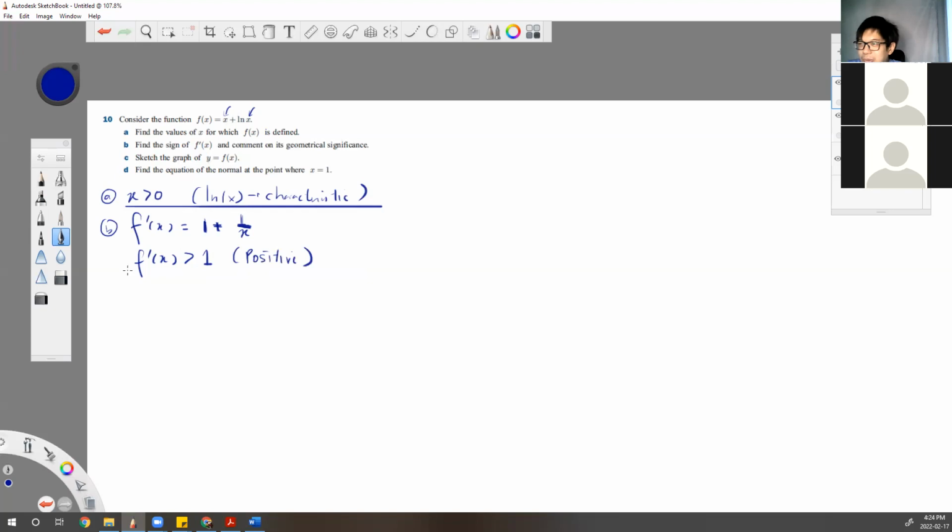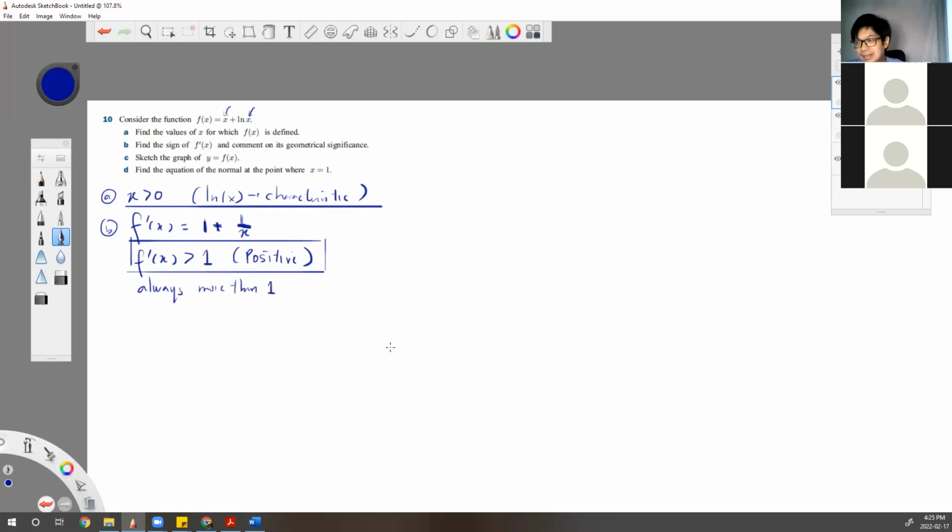So in this case, comment on its geometrical significance. It never reaches 1. Okay, the geometrical significance: it is never less than 1. I think it is better to use positive words: always more than 1.